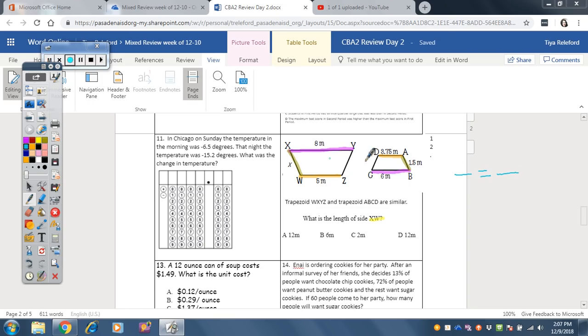You know you want to start with X, and then you can pick any other number in this shape. I'm going to pick 8 because it matches 6 and there's no decimal. If you pick 5, that's cool too. It matches 3.75. It doesn't really matter. But X and 8 come from the same shape. Over here I'm going to match. What matches X? 1.5. And what matches 8? 6. Solve that and you'll have your side length.